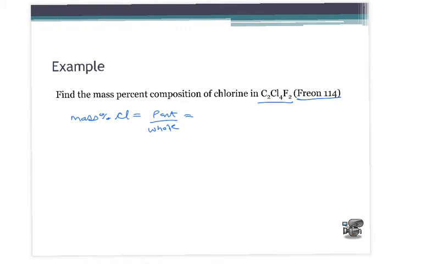So we just multiply 4 times the molar mass of chlorine, divided by the molar mass of the entire molecule, and this is found to be 203.8 grams per mole.